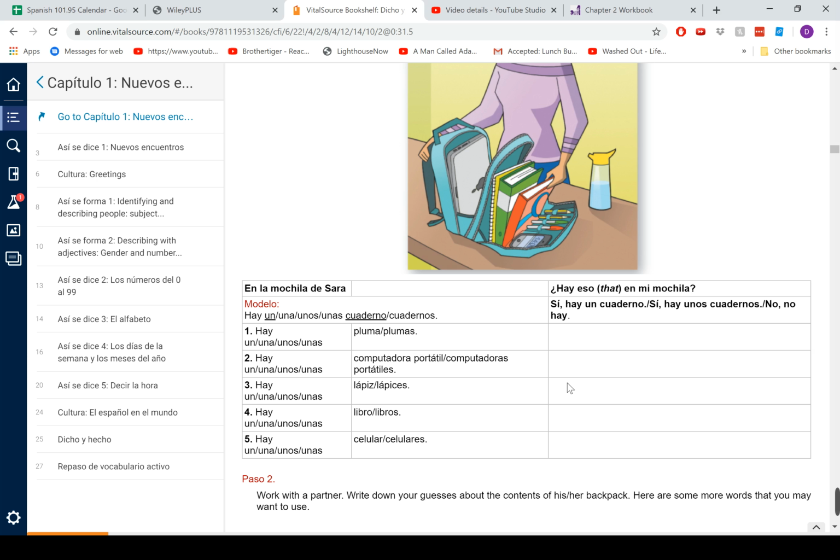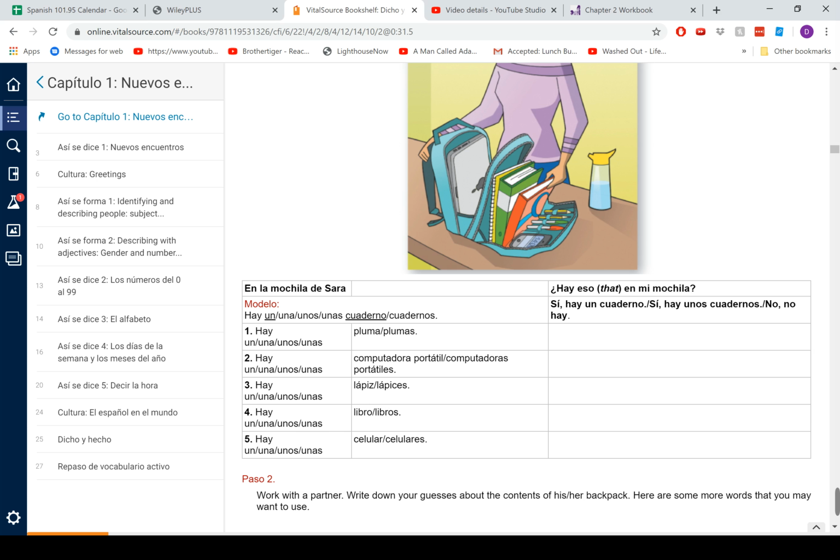Número 3, lápices, or lápiz. Yeah, we see 2 in there, so we know it's un lápiz, but it's some, right? Because she has more than one, so unos lápices. Libros. I don't see any books in there, actually.